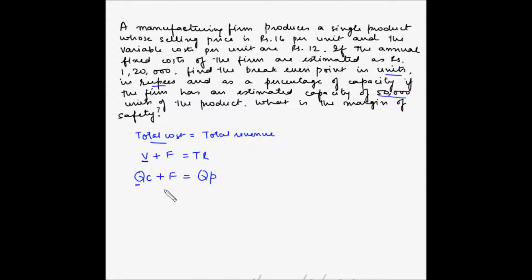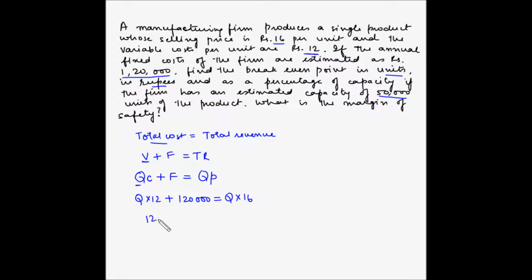So let's plug in the numbers that we have been given in this example. So Q is the variable, c is known, the unit cost is rupees 12, so multiplied by 12, plus F is given as 120,000, and this is equal to Q and p, which is the selling price, which is rupees 16.